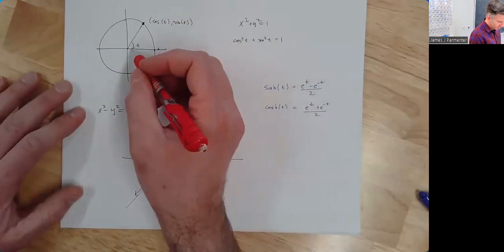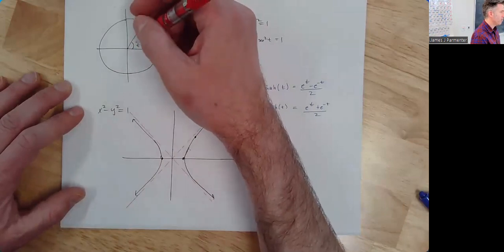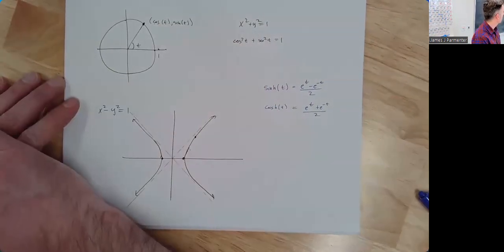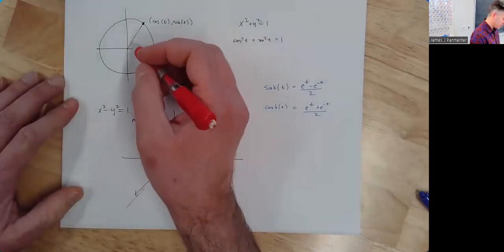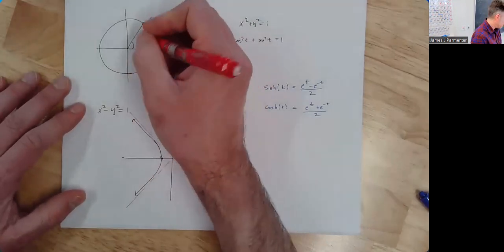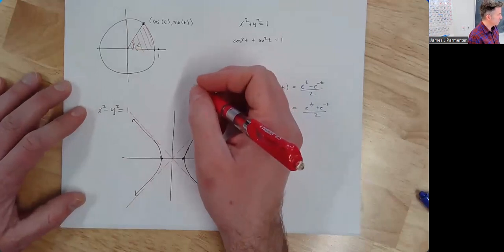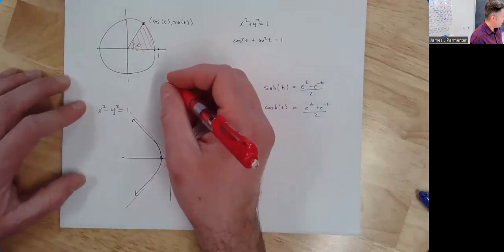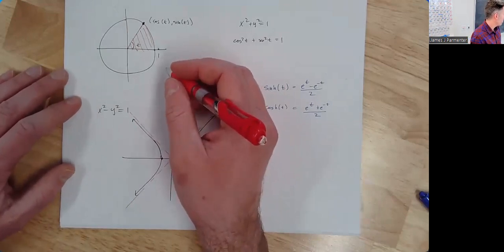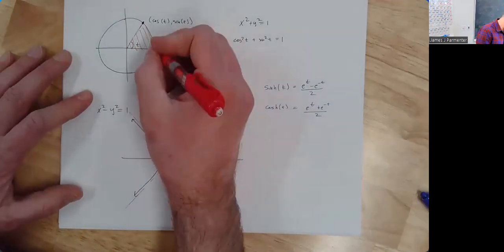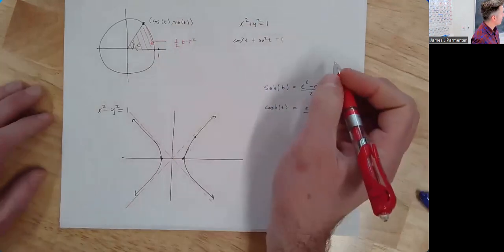Not only is this angle equal to theta, the area of this sector is theta, or t, right? Because the area of a sector is 1/2 the angle times the radius squared. Apologies.